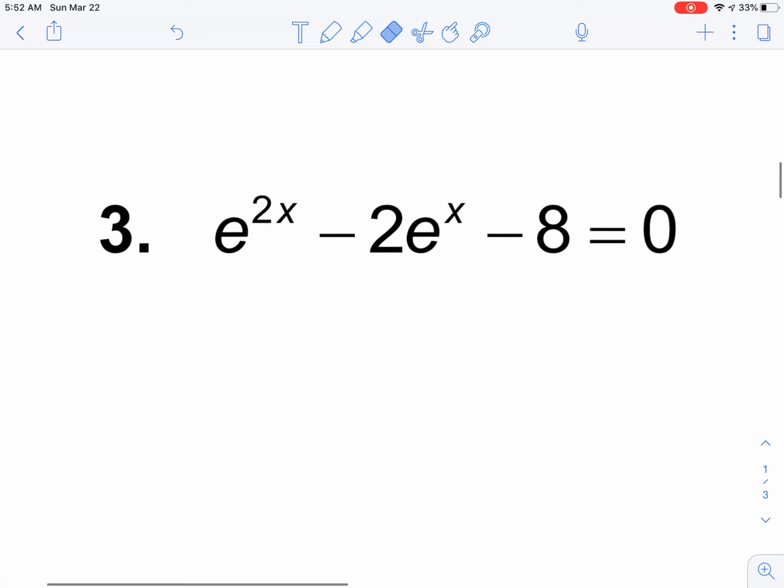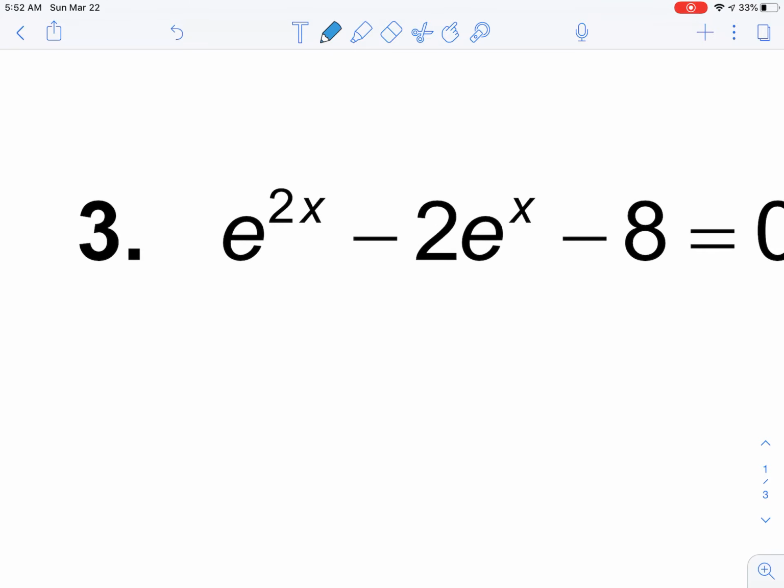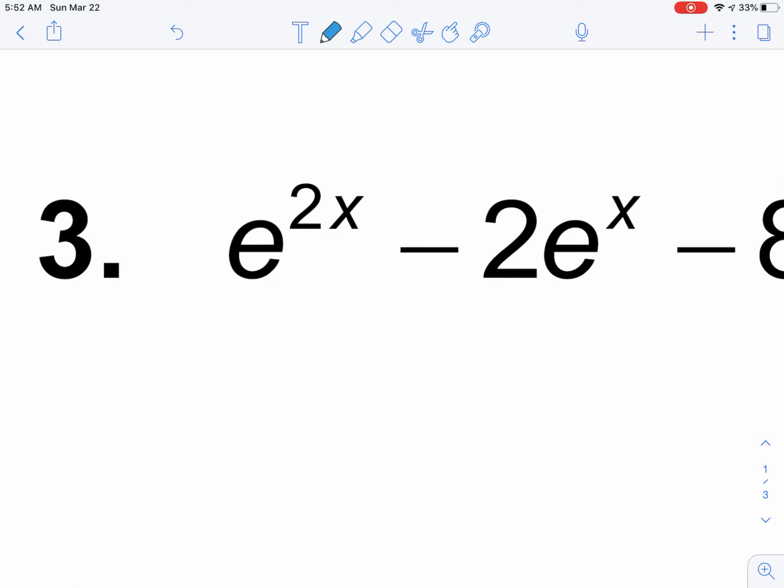Now, I like to think of these problems with e like this, with u substitutions. This is really e to the x, squared. Because notice that if I were to multiply those exponents right up here, I would get 2x.